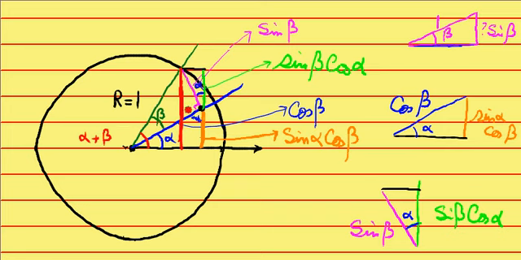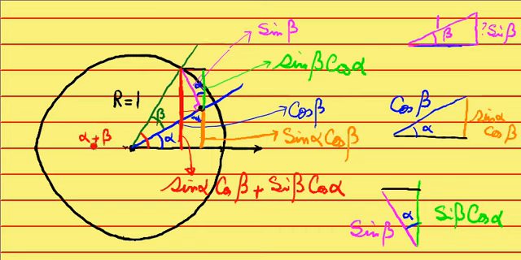How long is that line? Well, half of it is same as this one, sine alpha cosine beta. The other half of it is sine beta cosine alpha. So this one is this plus that. Let me write: sine of alpha cosine beta plus that one, sine beta cosine alpha. What do we do with that?